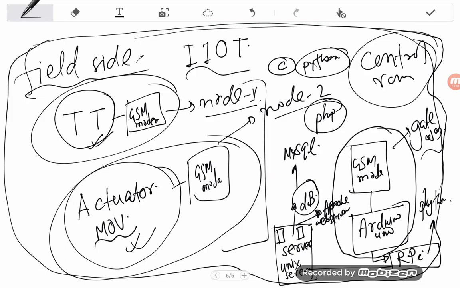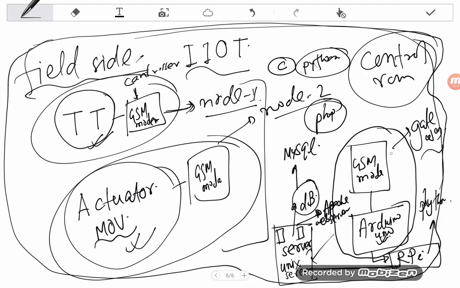Here, this GSM modem is connected to a controller also. The job of the controller is to get the data from the temperature transmitter and to give it to the GSM modem. The modem sends the data to the server. Again, once from the HMI we execute a command, the HMI sends the command to the Raspberry Pi, which is connected to this Arduino.